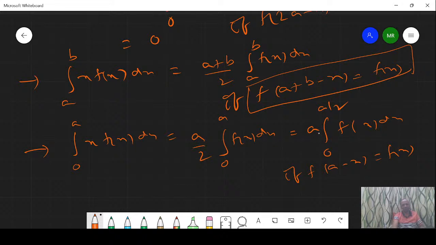Like the previous property can apply. Whenever f of a minus x equal to f of x, what can I write here? This is a by 2 into 2. So 2 will get cancelled. So this will become a, right? A into 0 to a by 2 f of x dx. If f of a minus x equal to f of x, that you can remember. Always that you can remember.